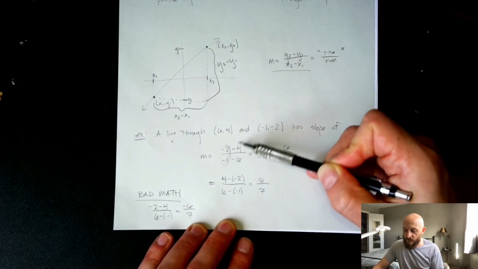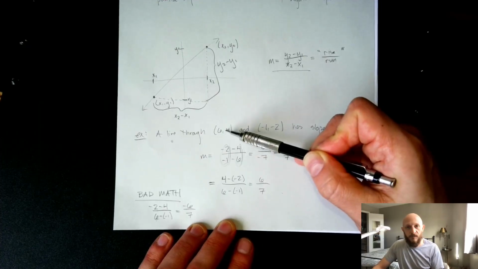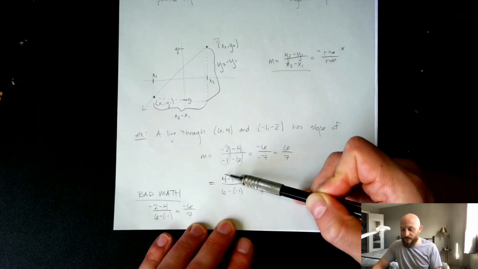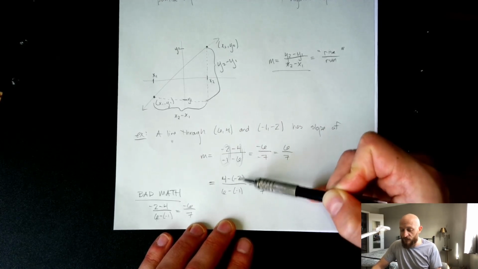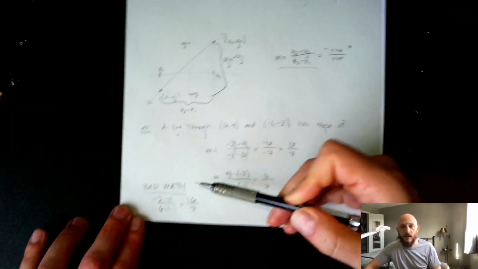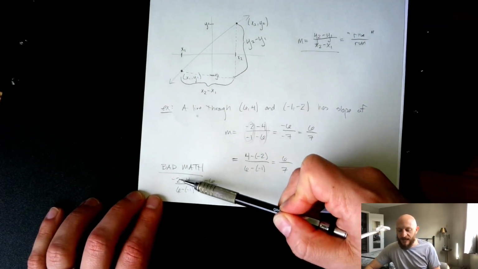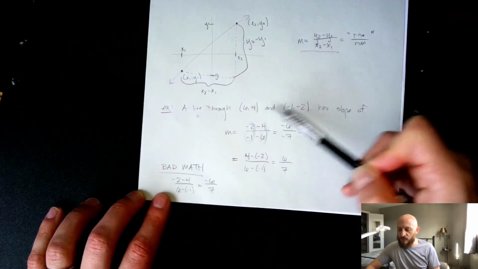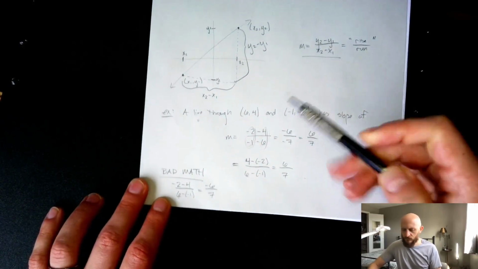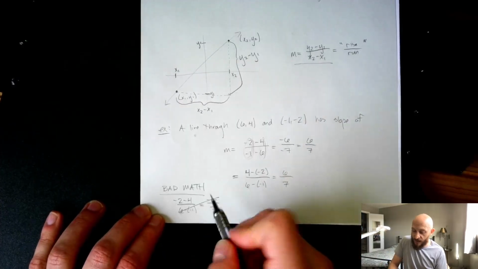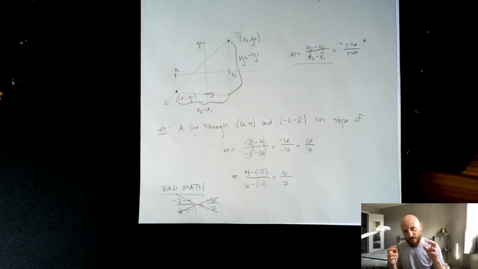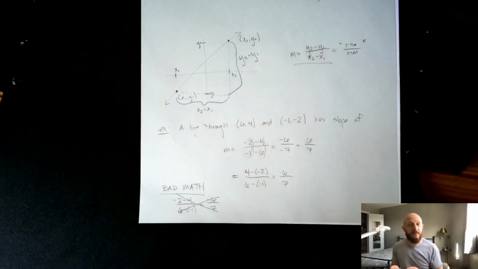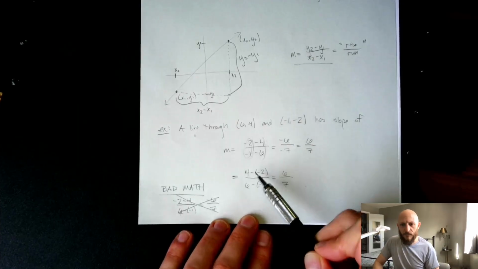Same thing over here: 6 and 4, a coordinate pair. Exact same thing down here: 4 is over 6 because that's the coordinate pair, and -2 is over -1, that's a coordinate pair. What happened down here, -2, 6, is not one of the coordinate pairs that I have. So you do have to be careful in that regard. As long as you keep your subscripts consistent, then you'll get the right slope. Okay?